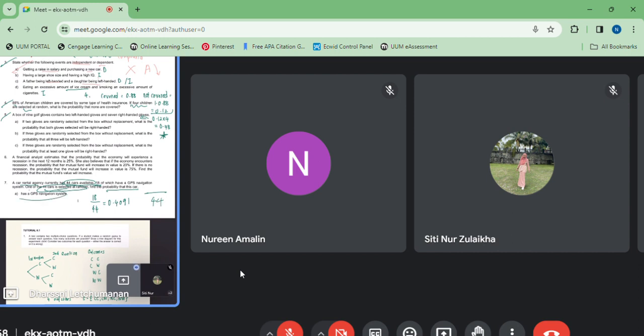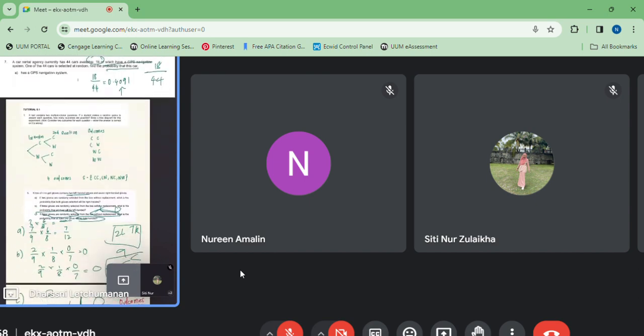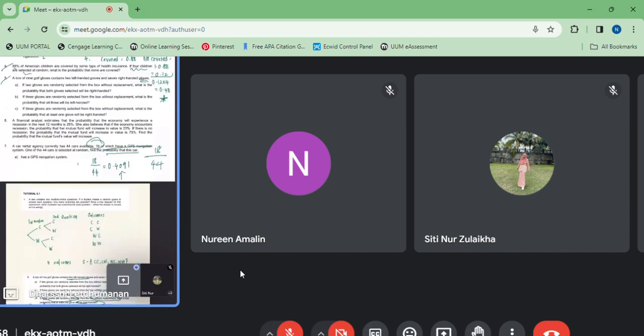So when they say has GPS system, the question said 18 got GPS system. So simple, 18 over 44. And then you need to give the answer in 4 decimal points because it's 0.4, because the fraction looks complicated. When you look at it, you don't know what number it is.